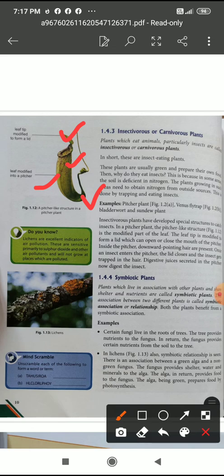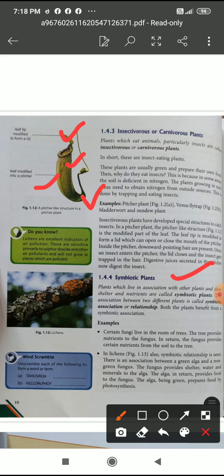Then symbiotic plants. Plants which live in association with other plants and share shelter and nutrients are called symbiotic plants. This association between two different plants is called symbiotic association or relationship.